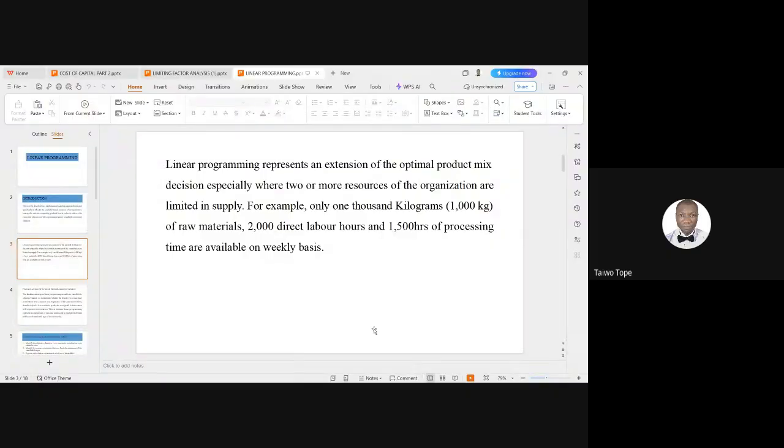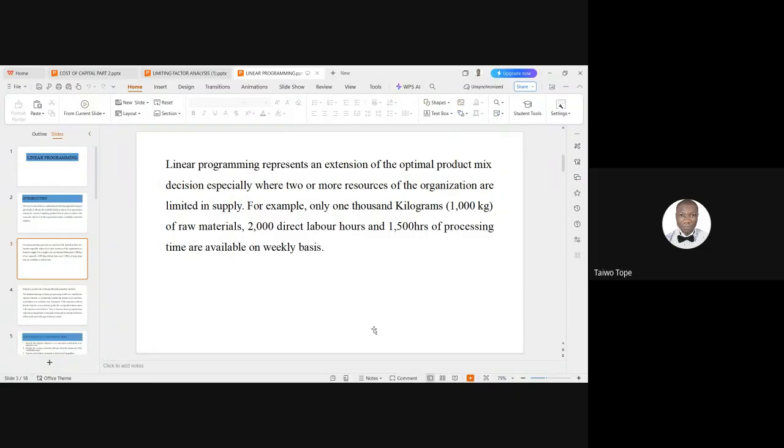These inequalities consist of unknown variables and known variables. So it is the unknown variables that you solve for. For example, you have issues of X and Y, or issues of A and B, depending on how you want to define the variables. So as you solve, you're trying to determine these unknown variables.